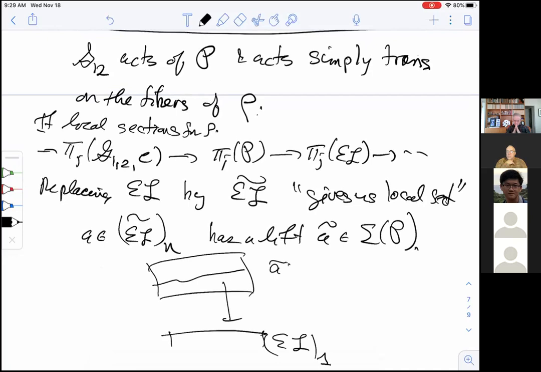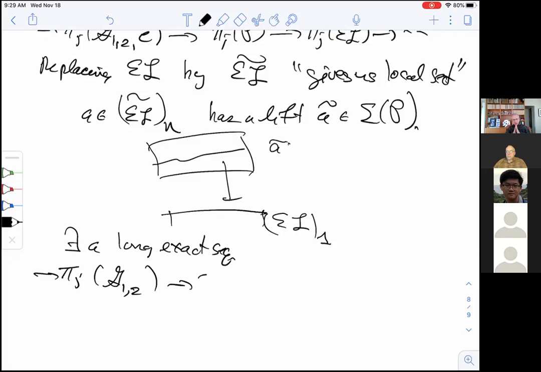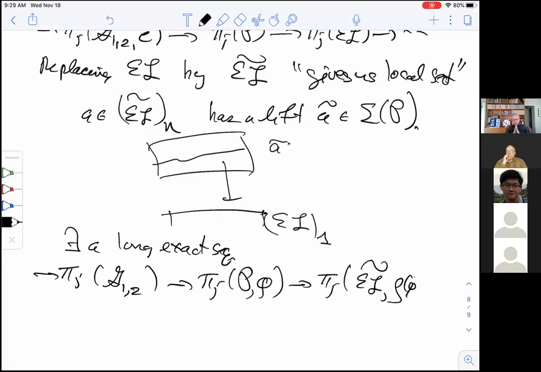So we forced cross sections, and what happens is we get, in fact, a homotopy long exact sequence: pi i of G12, pi j of P, based at phi, into pi j of EL tilde, based at rho of phi, and you continue.